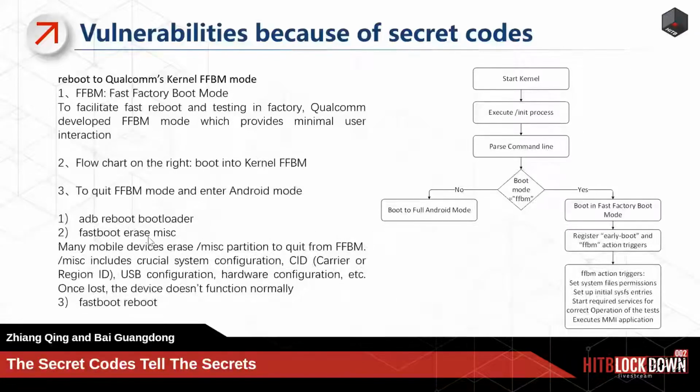Before quitting the fast boot mode, you need to erase the MISC partition. We know that lots of crucial system configuration information is stored in the MISC partition, like CID or USB configuration, and even some hardware configuration are all stored in this partition.